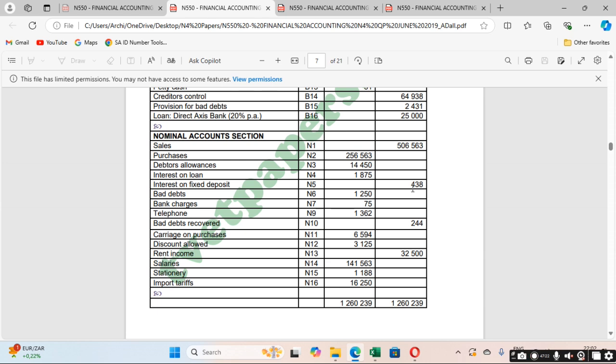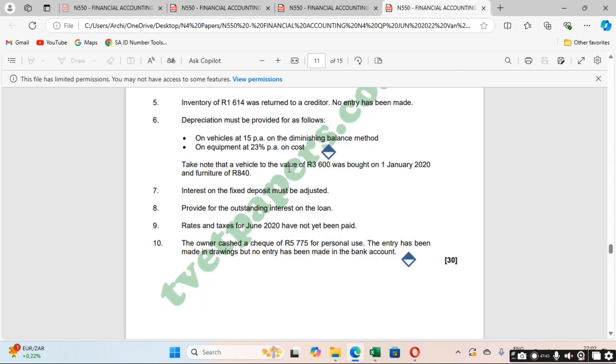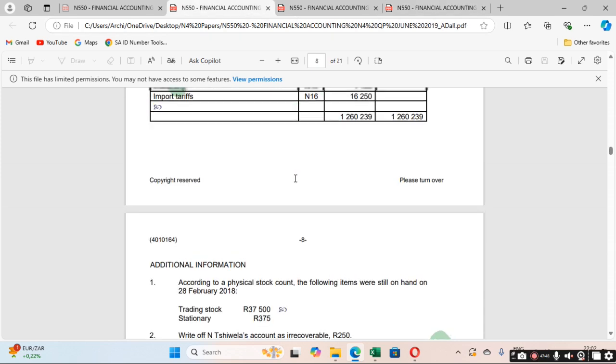When you're doing your income statement, open brackets, and then you say 438 plus the difference between what you got minus this amount. I hope that makes sense. It's the same as the one I've been doing with the interest on fixed deposit. Okay, next.